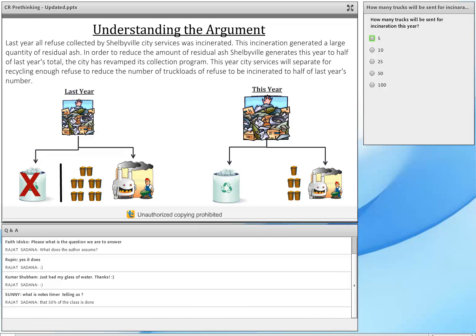If we collect 10 times as much garbage or refuse, one and the same thing this year, how many truckloads would we send for incineration?